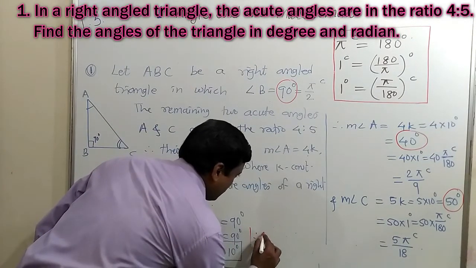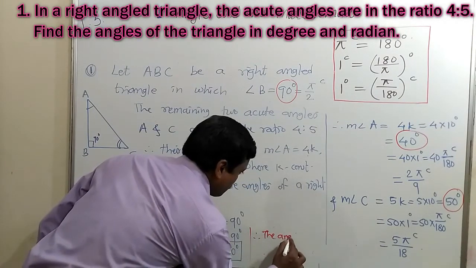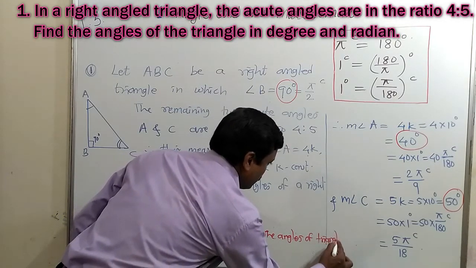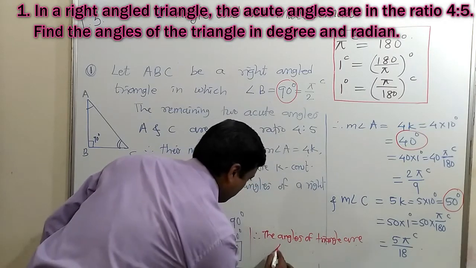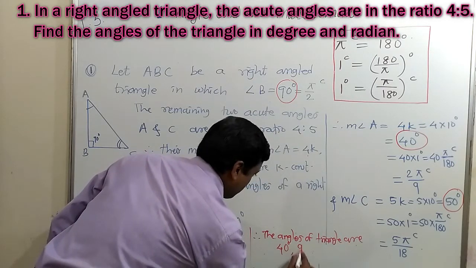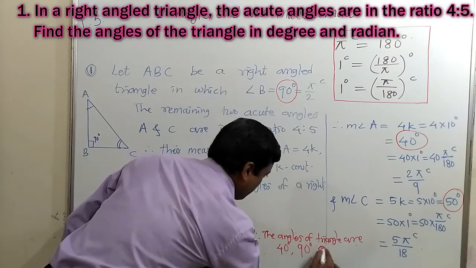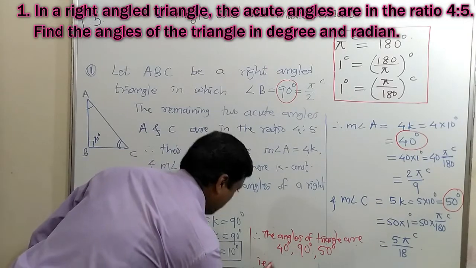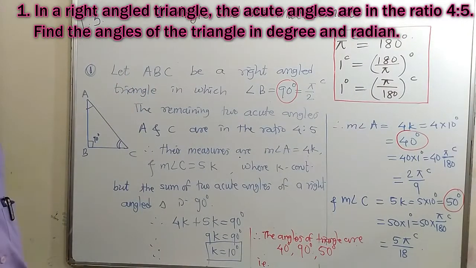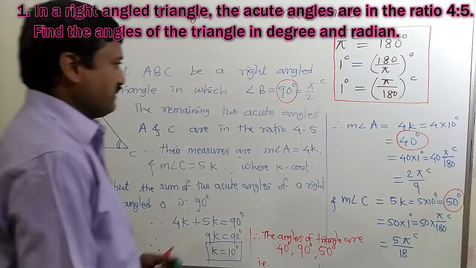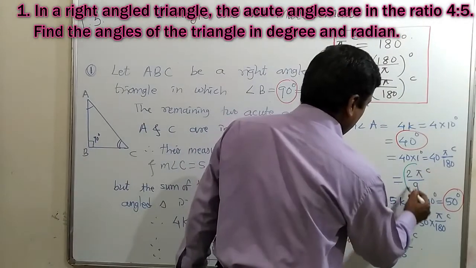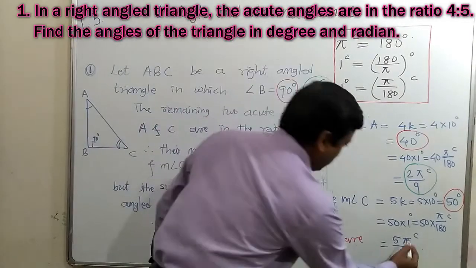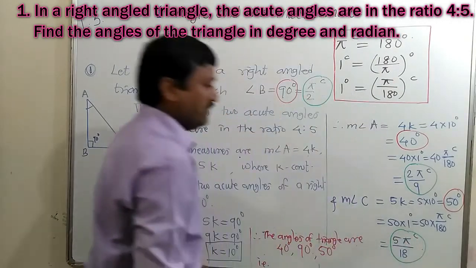Therefore, the angles of the triangle are 40 degree, 90 degree and 50 degree. In radian measure, the same angles are: A is 2 pi by 9 radian, angle B is pi by 2 radian, and angle C is 5 pi by 18 radian.